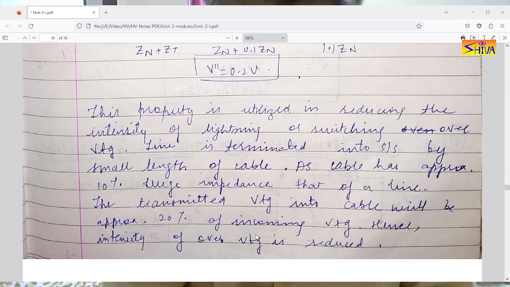So suppose we are connecting a transformer with the line, then we use a small length of cable for connection, because when over voltage is coming through the line, the intensity will reduce to only 20% when it enters the cable. Hence the voltage entering into the transformer will be reduced considerably. So this property is utilized in terminating a line into the substation.